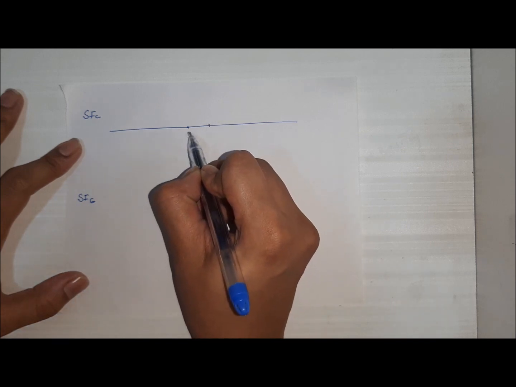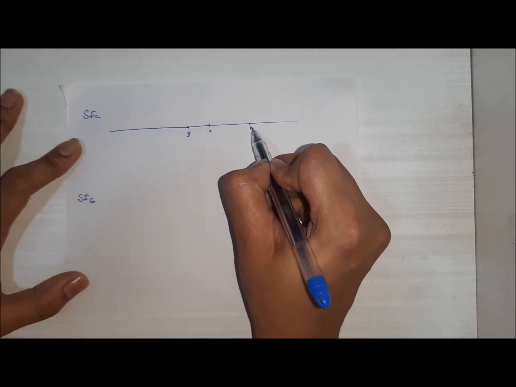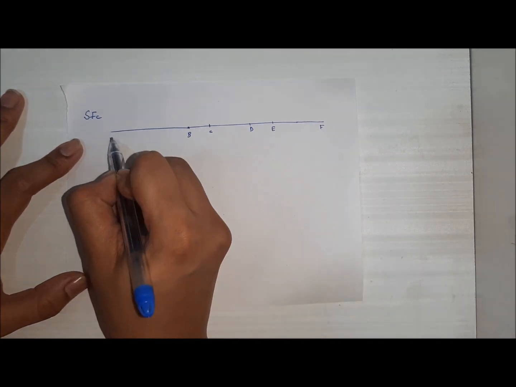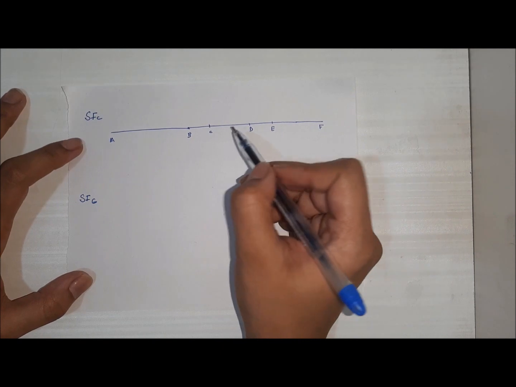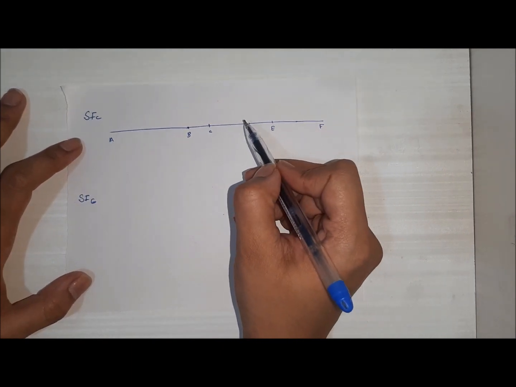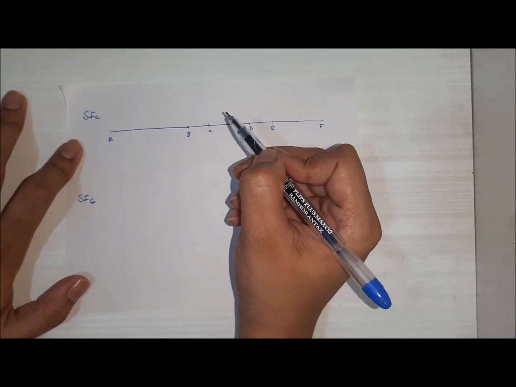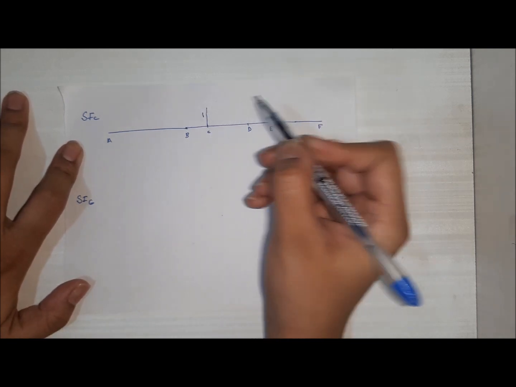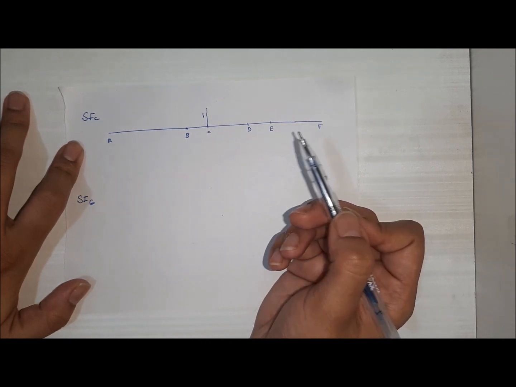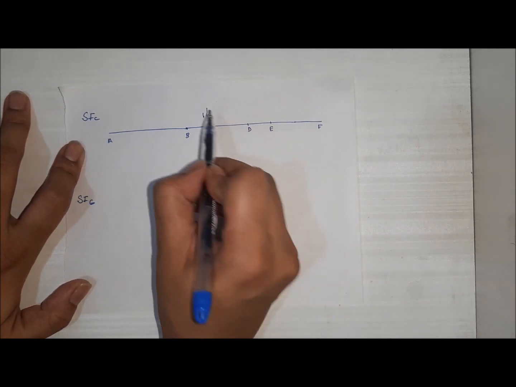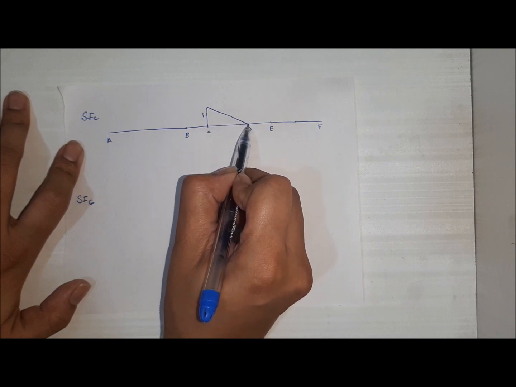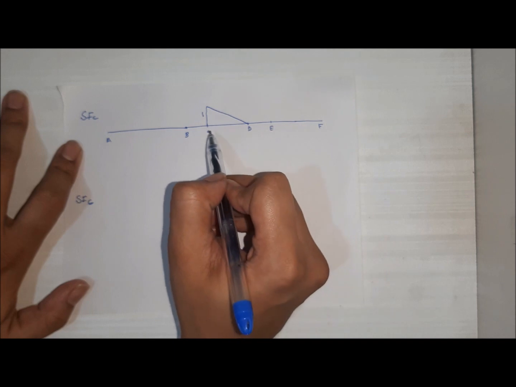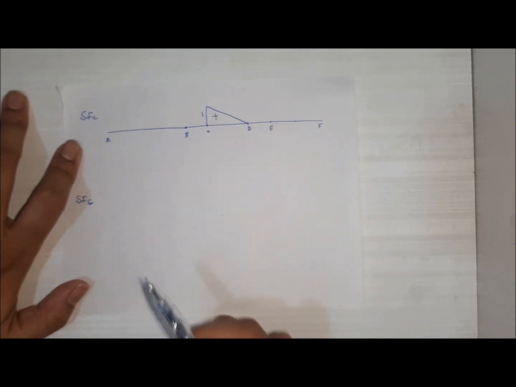Now this is the point B, this is C, this is D, and this is E, and this is F. This is A. For providing shear at C, simply it will go upwards, this portion with unit dimension, because C, D are free from the whole beam, but it will come down to point D because D is not getting lifted up. Only shear is provided at point C, and this will be positive.